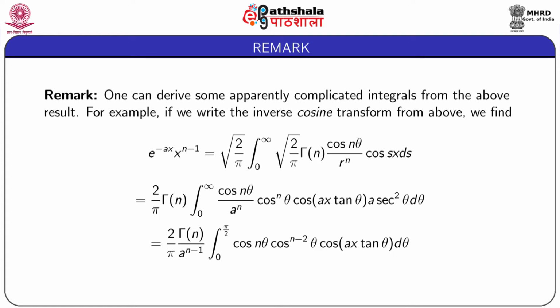Here we have substituted s as given by r sin theta and we have eliminated r. So that this gives 2 by pi gamma n by a to the power n minus 1 integral 0 to pi by 2 cos n theta cos to the power n minus 2 theta cos of ax tan theta d theta.